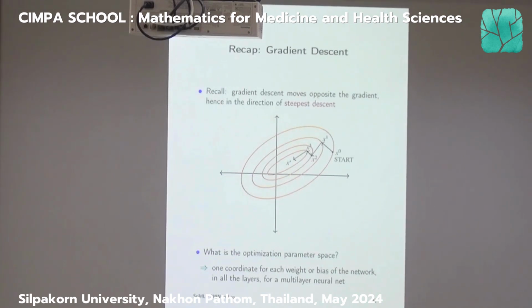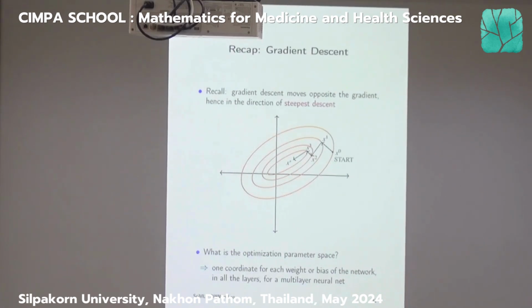In these types of problems, the optimization space is in fact one coordinate for each weight in the network. Usually in the network, let's say it's a neural network, or it could be a linear regression. Usually we use neural networks. Why? Because solving systems of ODEs or PDEs requires much more complex, much higher order methods.